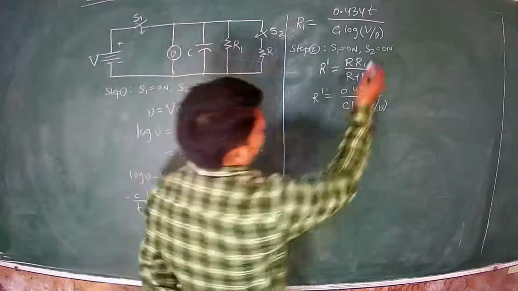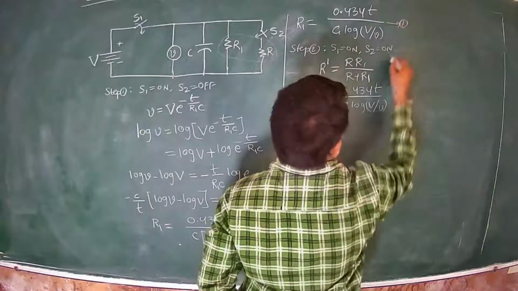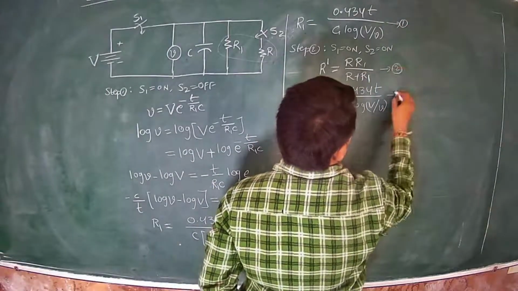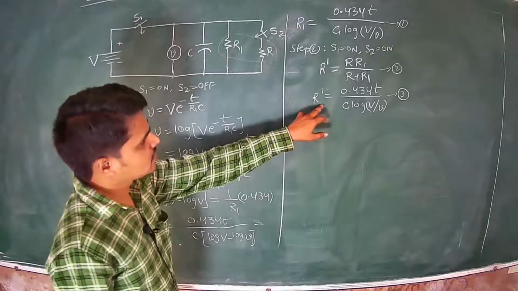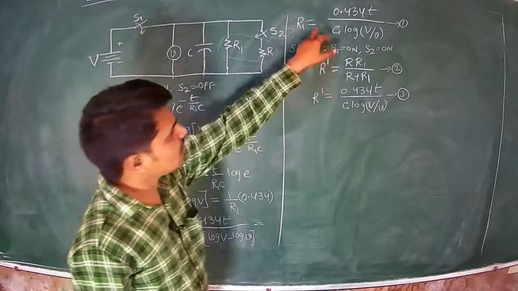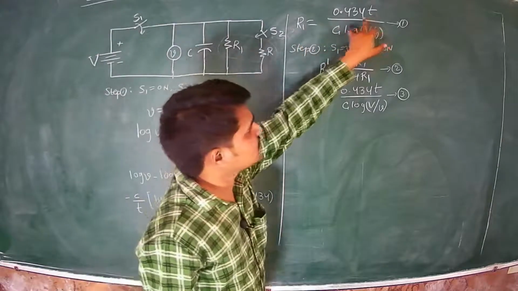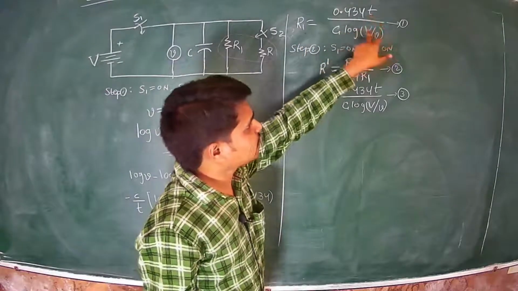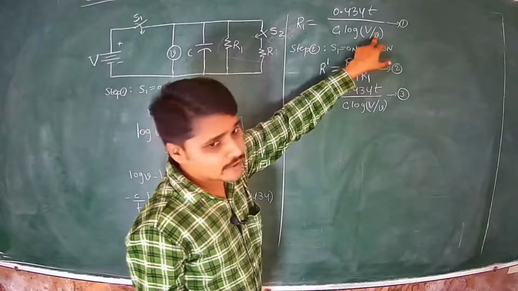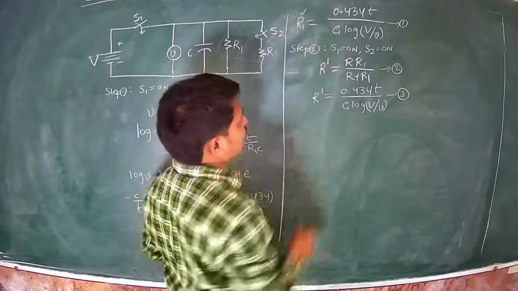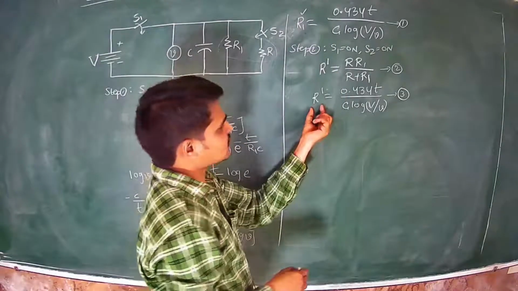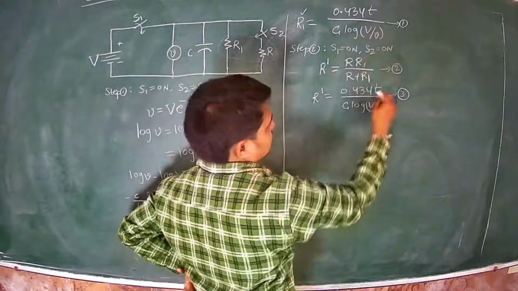Now we have these equations, let us say equation 1, 2, 3. So find first this R1 value by using this condition, the capacitance, time, voltage of the battery and voltmeter reading. Once you obtain the R1 value, find the R dash value by using the same conditions.